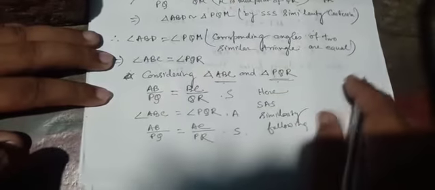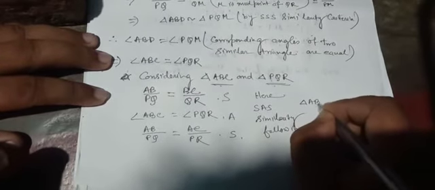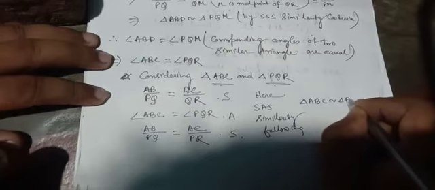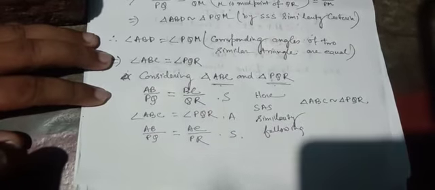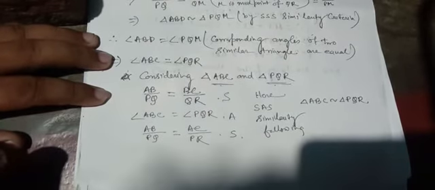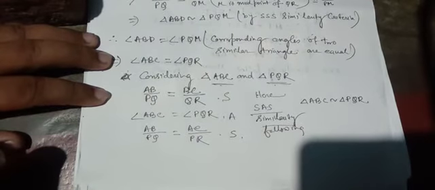So we can say that triangle ABC is similar to triangle PQR by SAS similarity criteria.